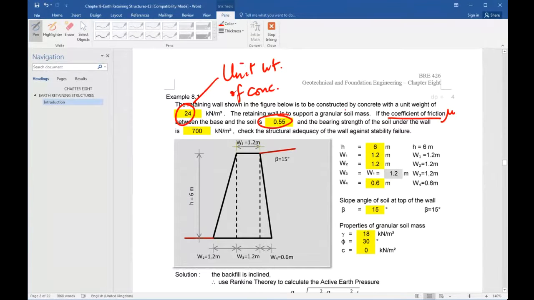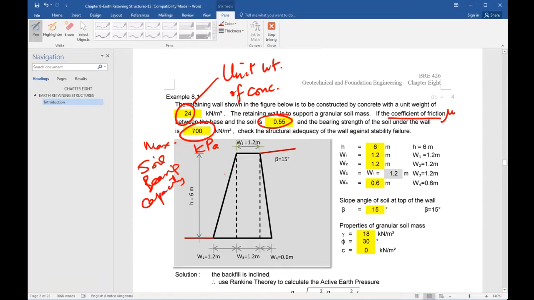And then the maximum soil bearing capacity is 700 kPa. So whenever the soil is stressed greater than 700, there will be excessive settlement, so it will be regarded as a fail.